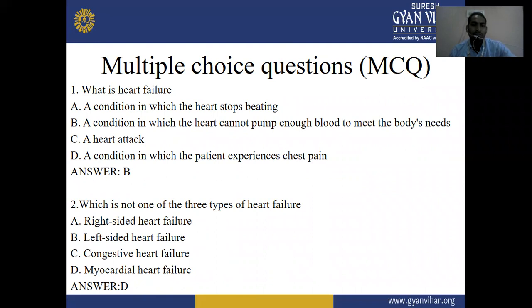The right answer is B. Question two: which is not one of the types of heart failure? Option A is right side heart failure. Option B is left side heart failure. Option C is congestive heart failure. Option D is myocardial heart failure. The right answer is D.